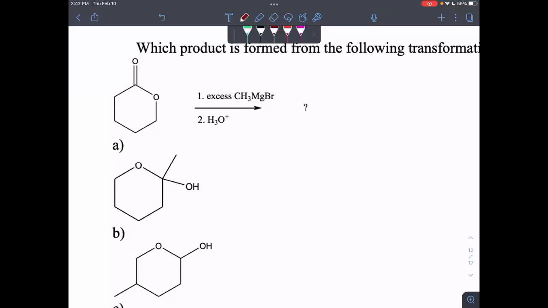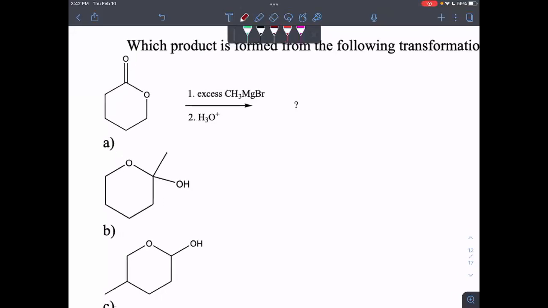Okay, and then this will get oxidized, correct? Yeah. And then what happened to the other oxygen on the bottom? Yes, perfect. So whenever you see a cyclic ester, or an ester in general, you add the Grignard twice to the carbonyl.